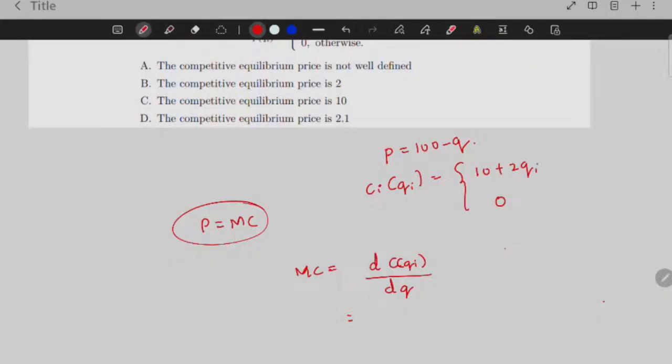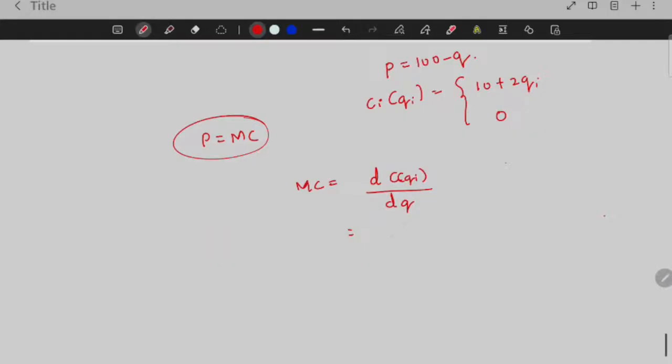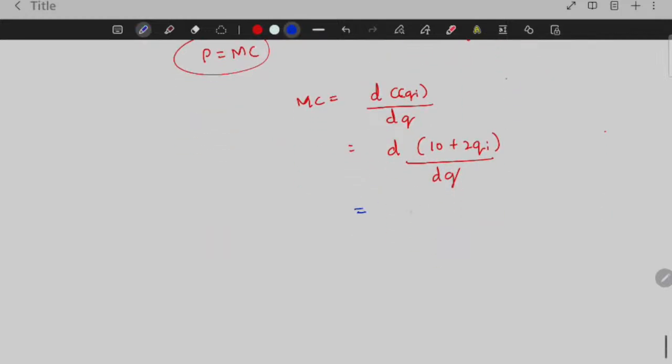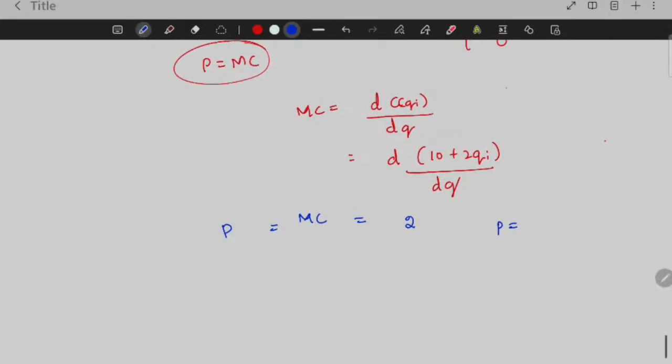So the MC is the derivative of 10 plus 2Q_i with respect to Q, which will be 2. So 2 equals MC, which is also equal to price, because if it's a competitive market, P equals MC, right? So at this price, we're going to sell the goods. Now we don't know how many goods those are.